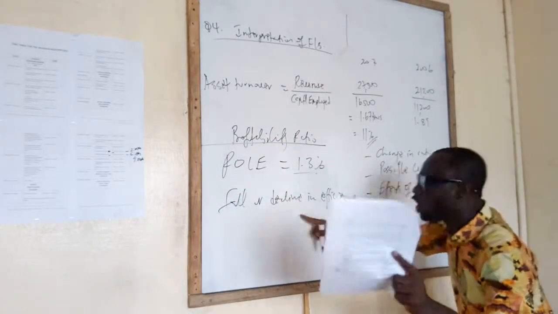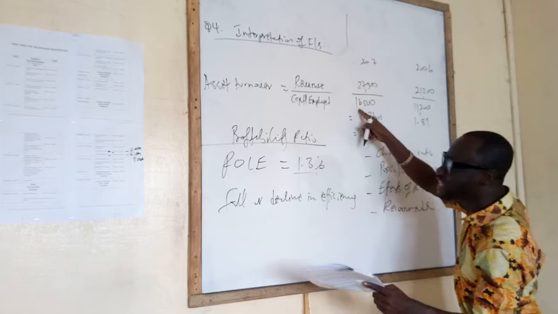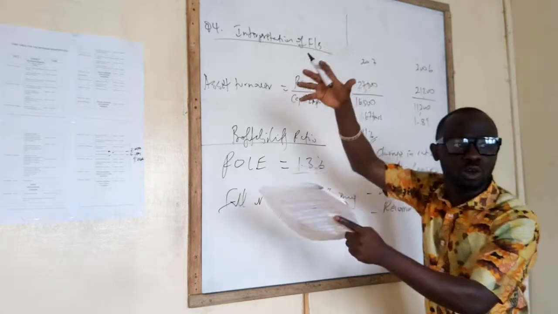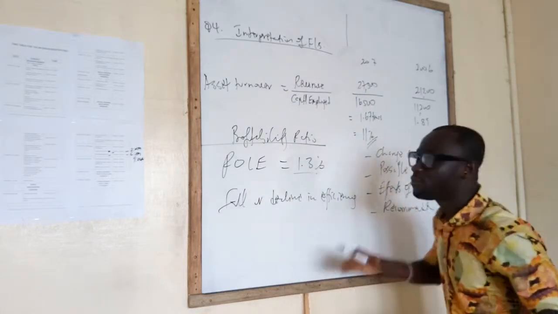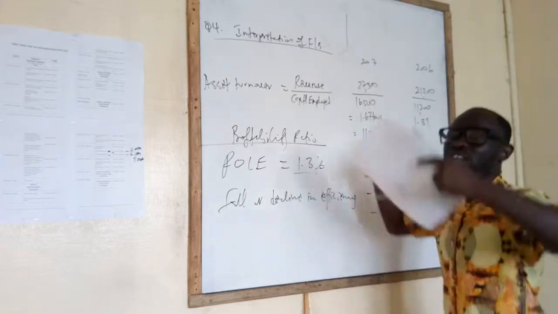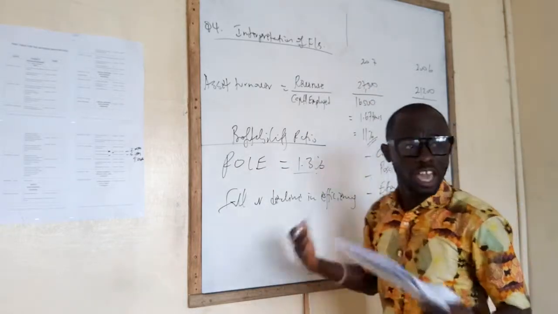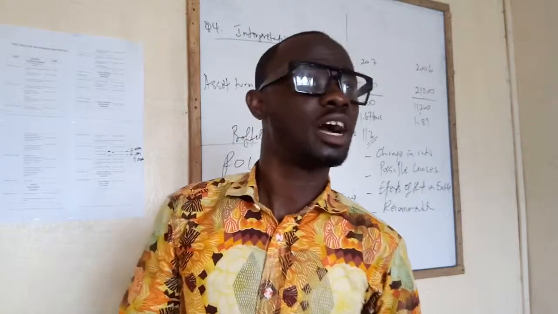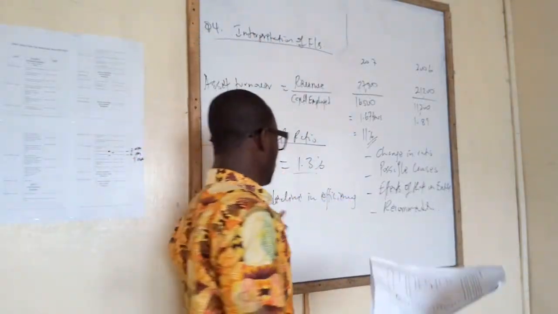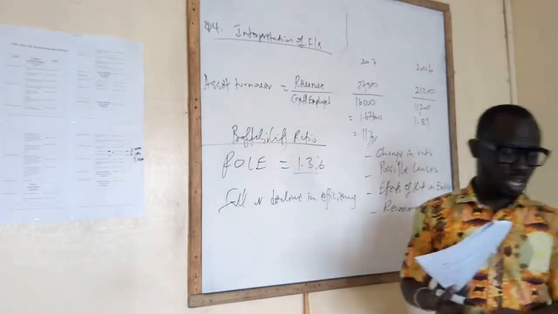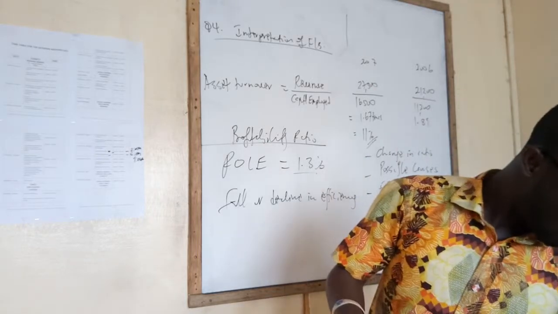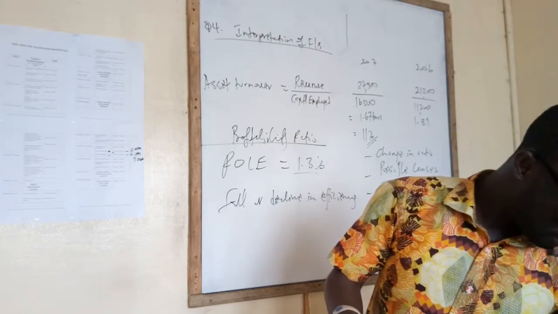Why? Because if your capital employed has increased, more revenue should be generated. But if your capital employed increases and more revenue is not generated, that means your efficiency has fallen as a company. That is what we can say in relation to the ROSI for the company.